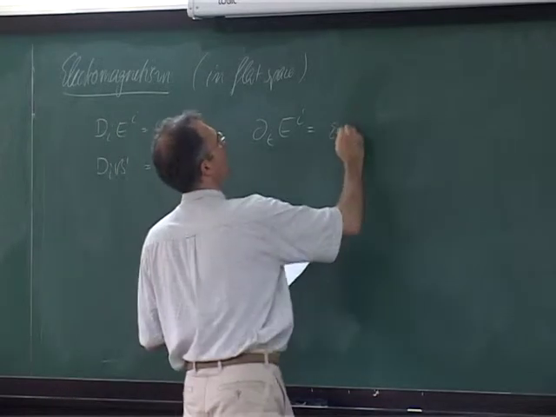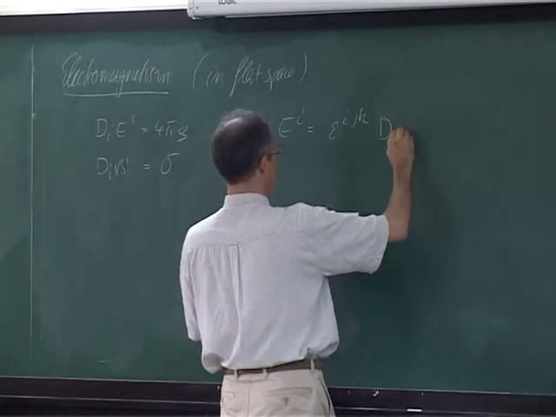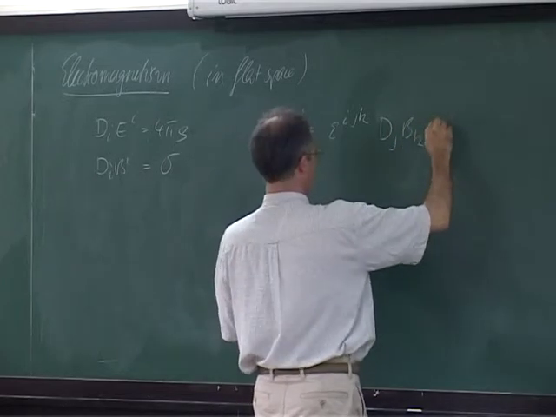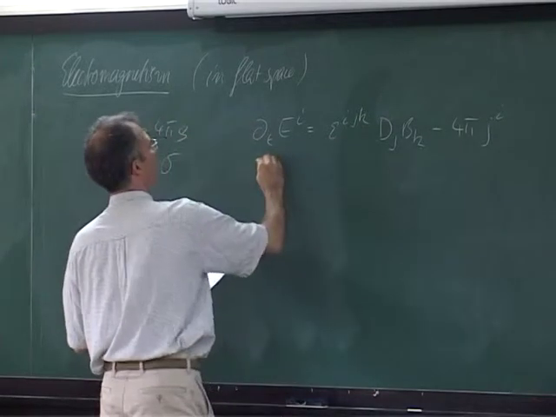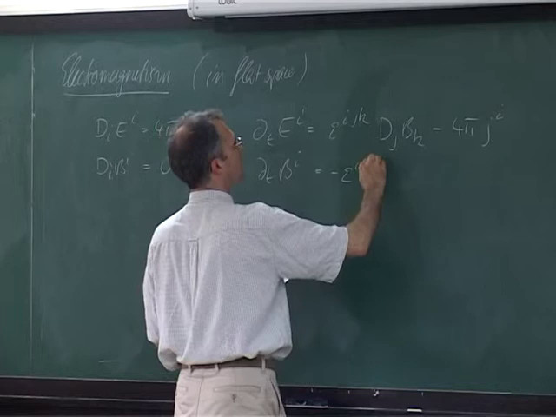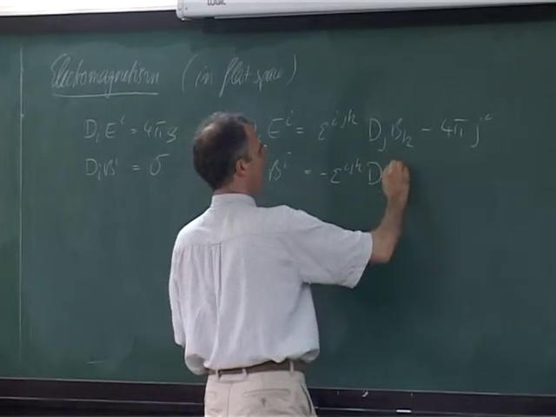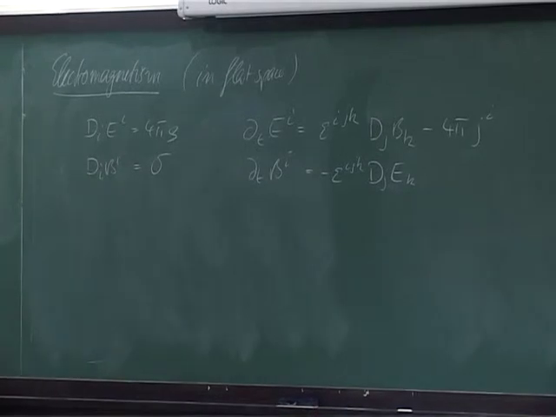Levi-Civita, right, the antisymmetric tensor: epsilon_ijk d_j B_k, and then a minus 4 pi j_i. And partial t B_i equals minus epsilon_ijk d_j E_k, if I got the signs right.